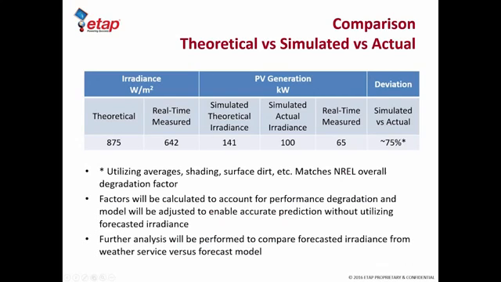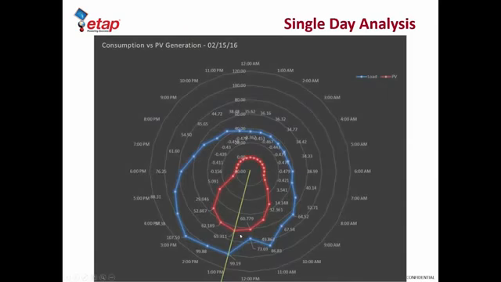However, when we compare it with the PV generation values, the simulated value based on theoretical irradiance we saw was 140. The simulated value based on actual irradiance, which is 642, was about 100, which we just saw. But measured was 65. If I go back to my chart, you can see at 1 p.m. measured was actually 65.